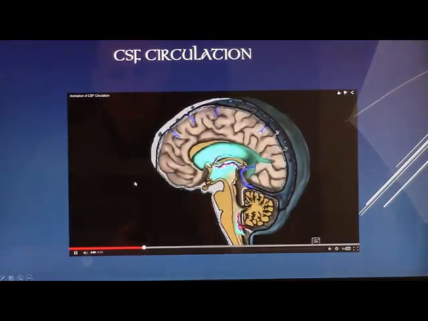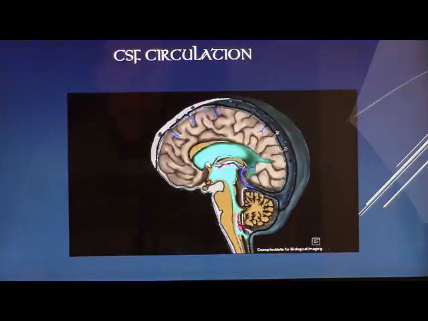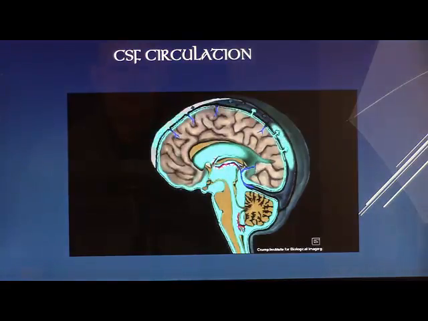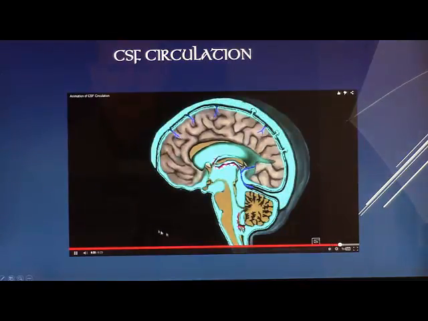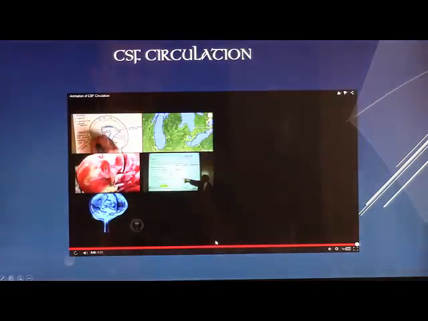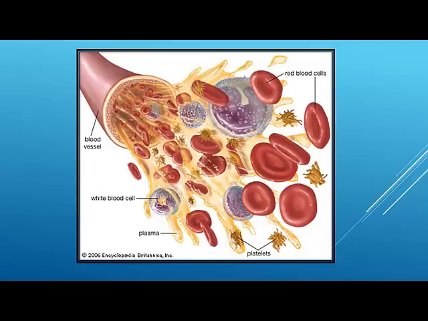So the cerebrospinal fluid is made out of plasma and other elements, salt and all kinds of other elements that are particular to the cerebrospinal fluid. This is where it starts its circulation, and it goes down along the spinal column as well.